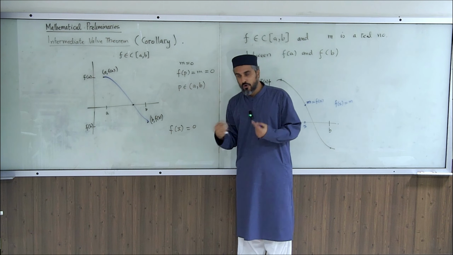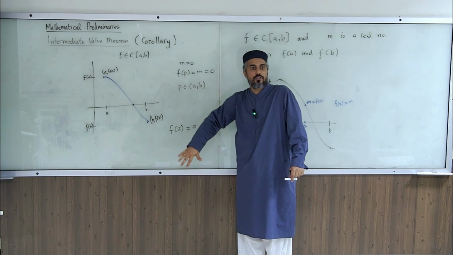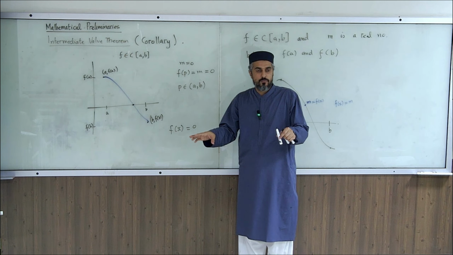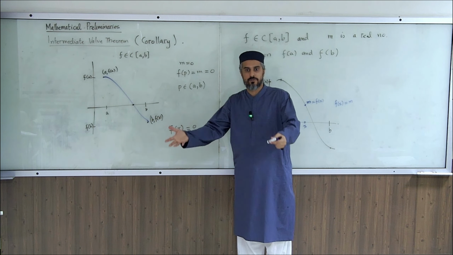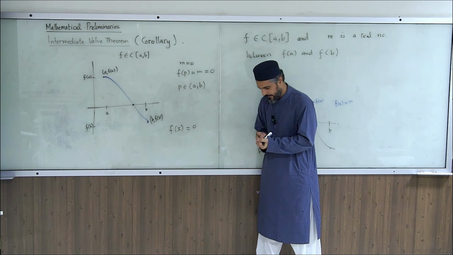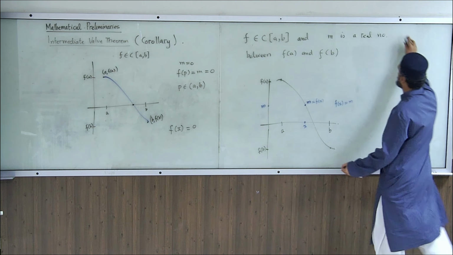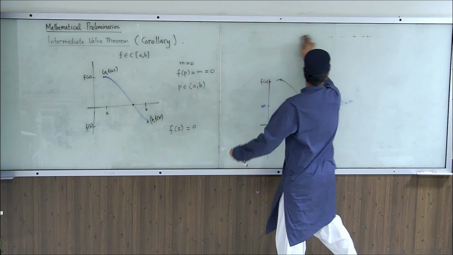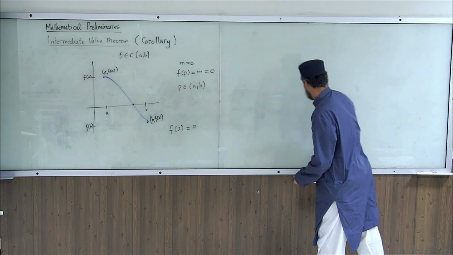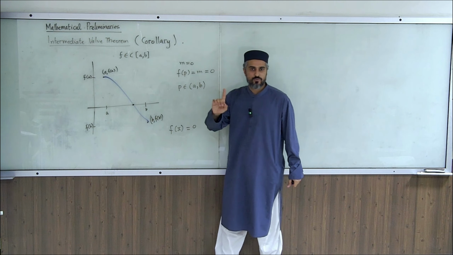Now if f of x is any equation, and I know that such a scenario is occurring, then I should know that there is a point where the function will become 0. Okay, so for example, let me take a bit of space here. What are the conditions we impose?